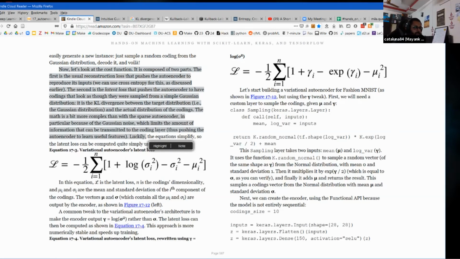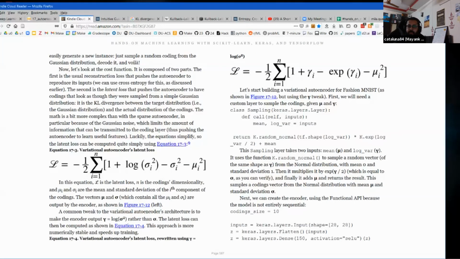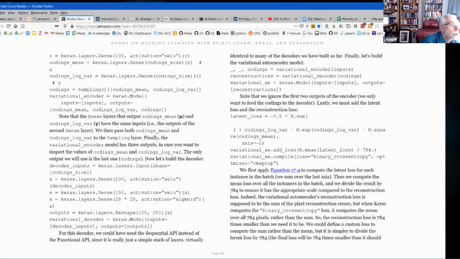And in the next page, we can also see that this sampling class has the inputs of coding mean and the coding log variance being inserted in the encoder. Yeah, in the variational encoder line on the next page. Okay, I'm at the next page, and you said there's a sampling class. Ah, here we go, sampling class.